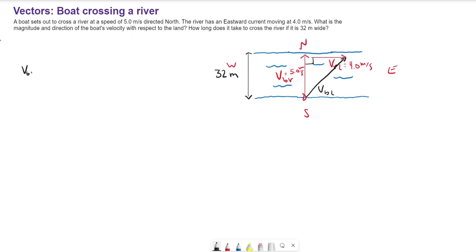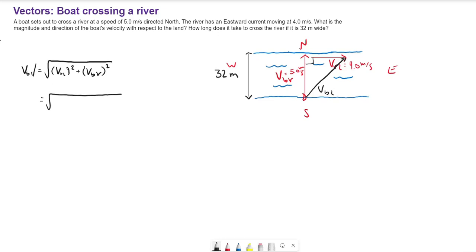VBL equals the square root of the two sides squared and added together. The horizontal component is VRL, the velocity of the river with respect to the land, squared, plus the velocity of the boat with respect to the river, our vertical component, squared.